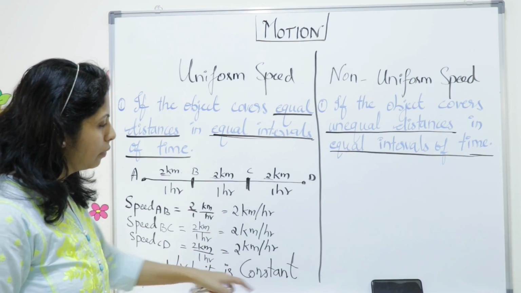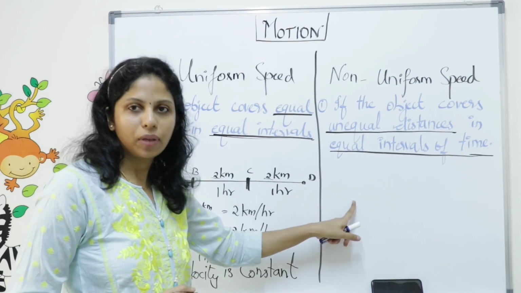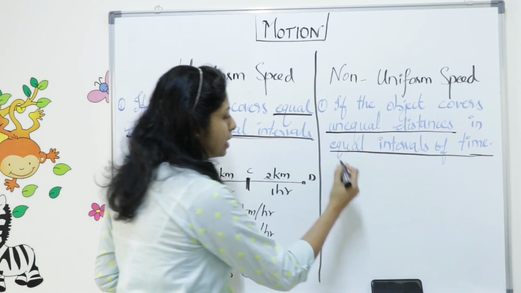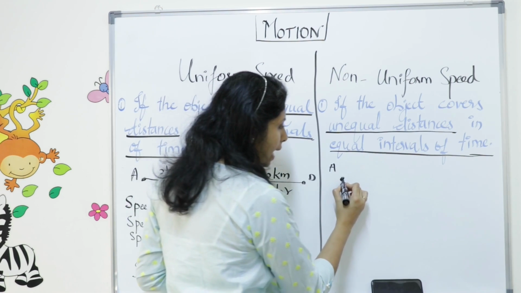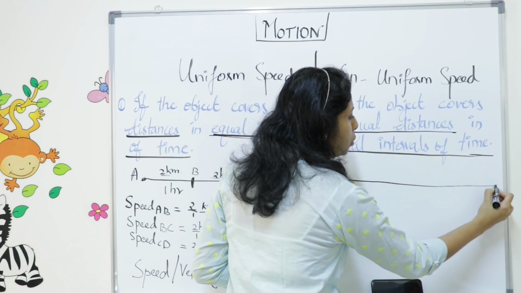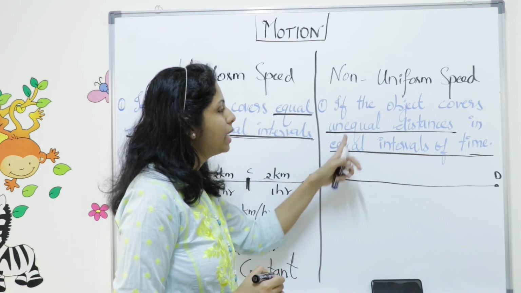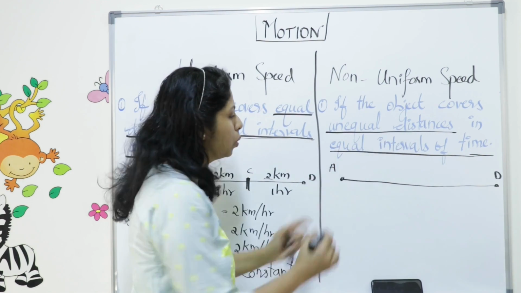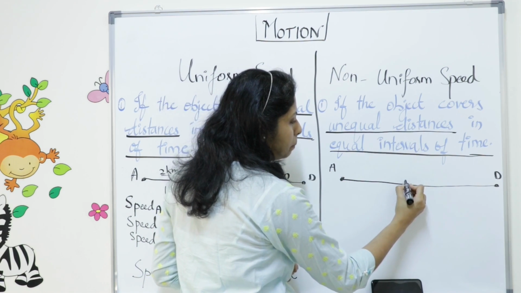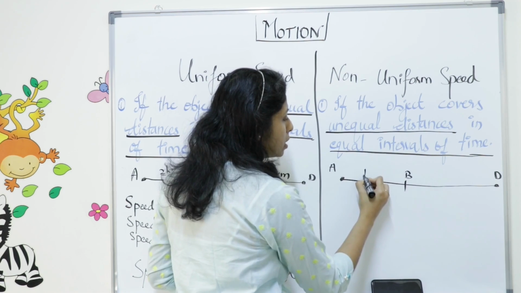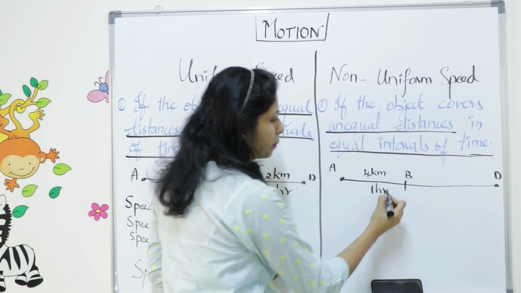The speed or the velocity is constant. For uniform speed, let us consider an object traveling from a point A to a point D. But here we need unequal distances. So the object travels to a point B, which is 4 kilometers in 1 hour.